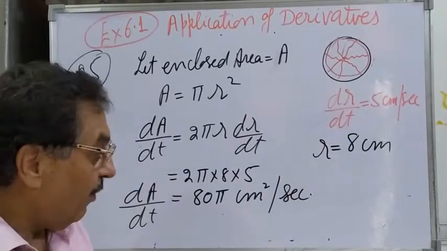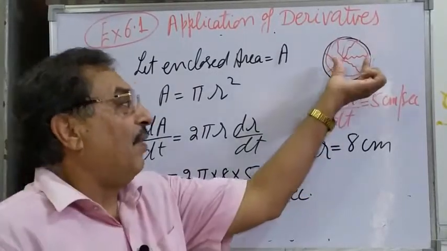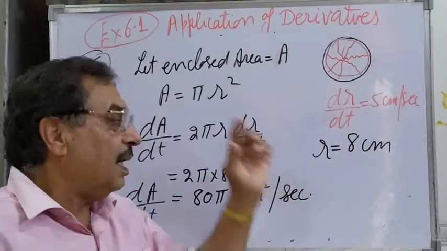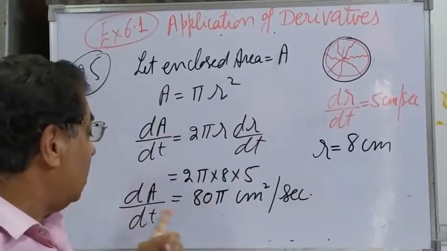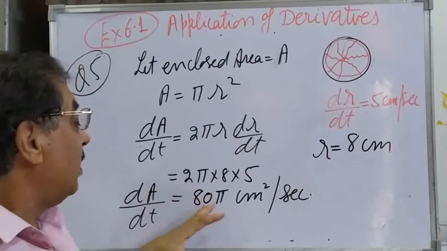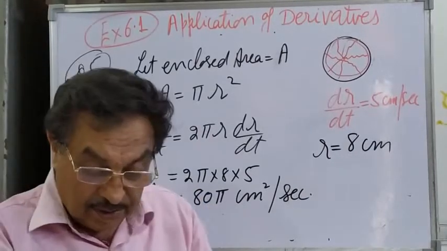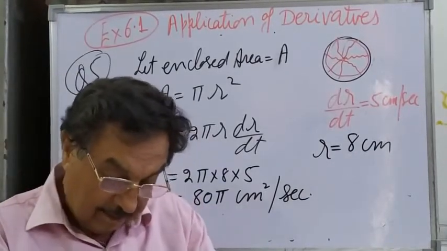At that moment, when the radius is 8 centimeter, the area of the circle is getting increased by 80 pi centimeter square per second.